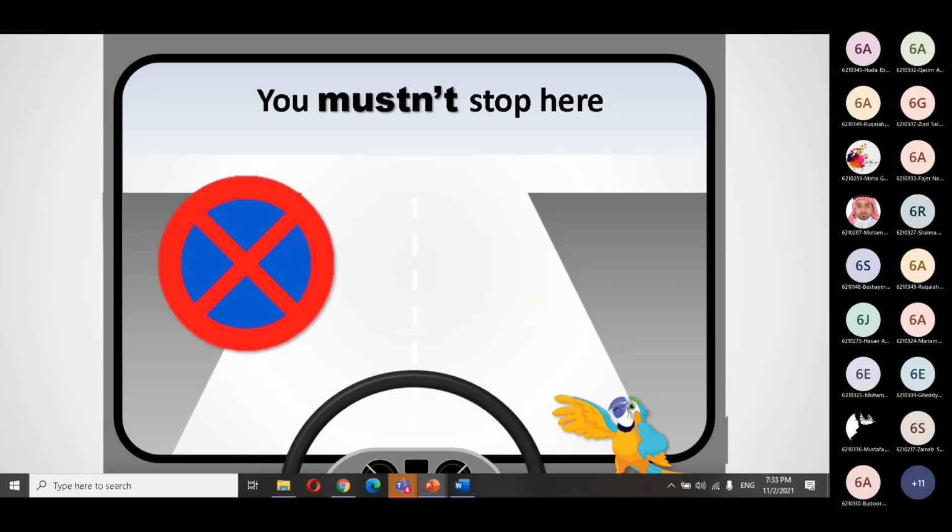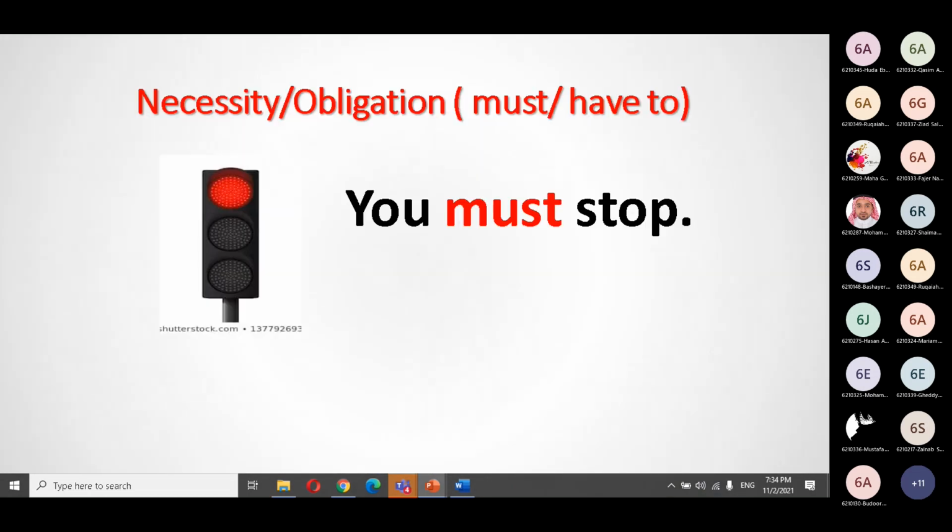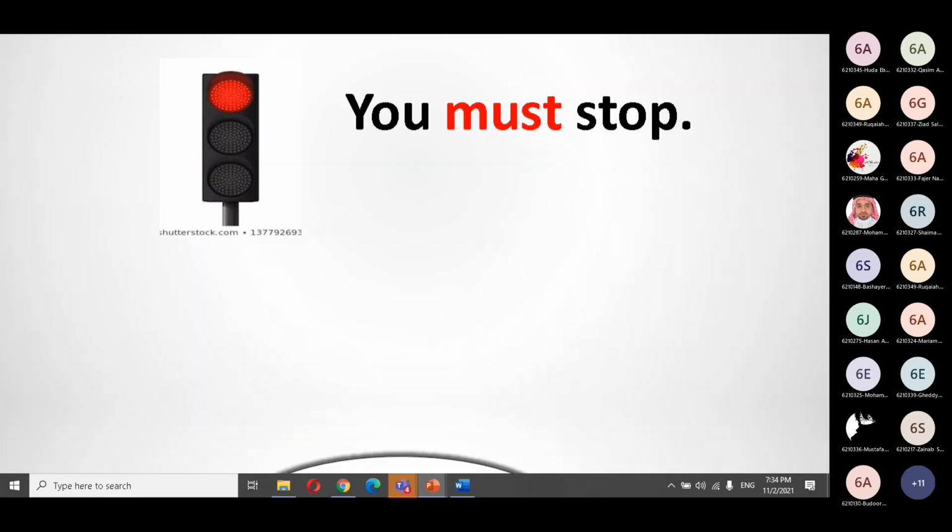When you have this sign, it means you mustn't stop here on the road. You mustn't. So it is necessary not to do. Okay, look here. Here you must. It is necessary to do. Necessary to stop. ضروري ان انا اتوقف. مجبر. بستخدم must او have to.